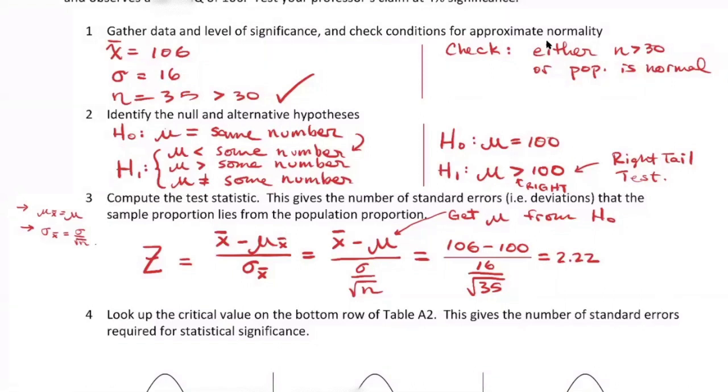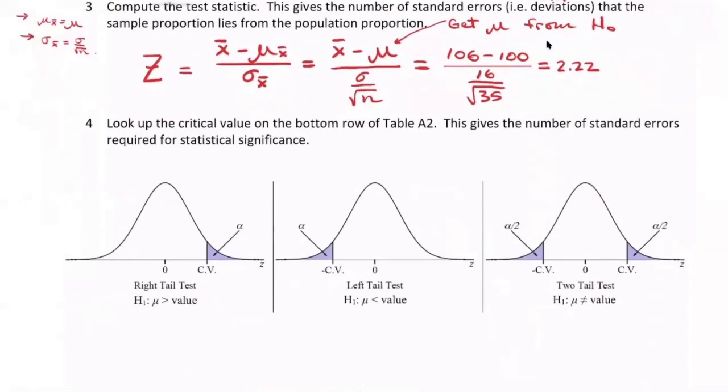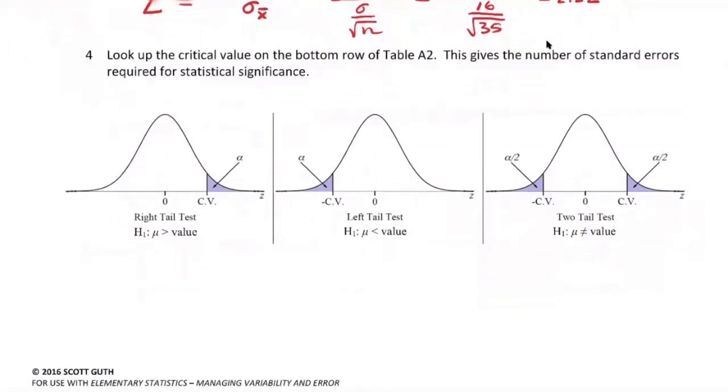Okay. And then you need a critical value to decide if this is statistically significant. This was a right tail test. Remember our H1 said that the mean is bigger than 100, so that makes it a right tail test.